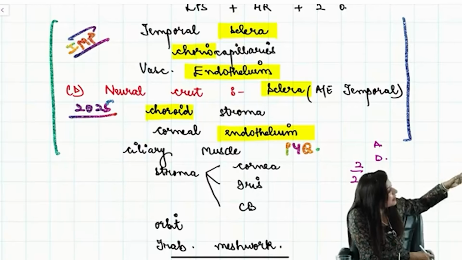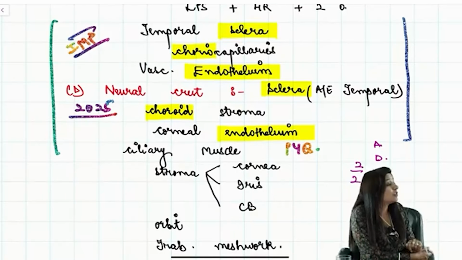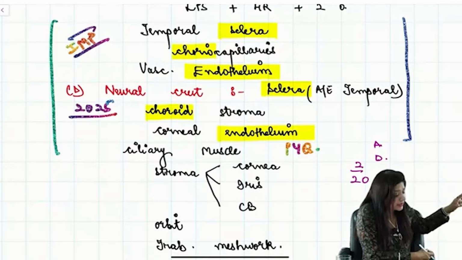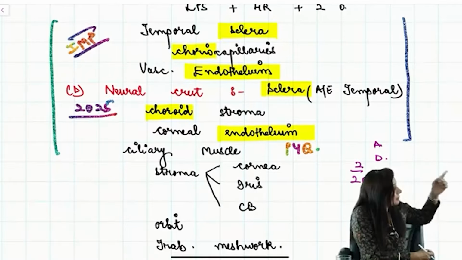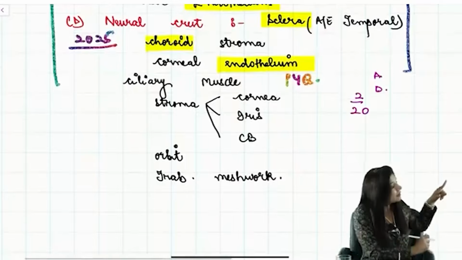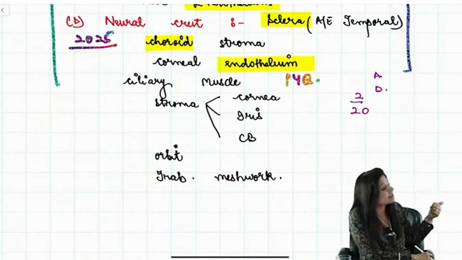Endothelium in general, if they are asking, is from mesoderm, and endothelium of the cornea specifically is neural crest. So all three words have come in both places. But how the question will be framed is something like this. Other than that, what are the other things which are coming from neural crest? One is ciliary muscle that has been recently asked in INI-CET.